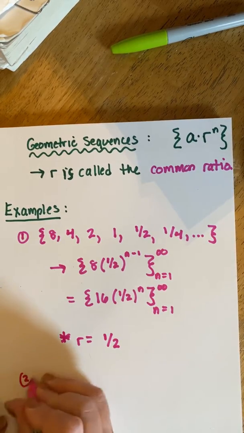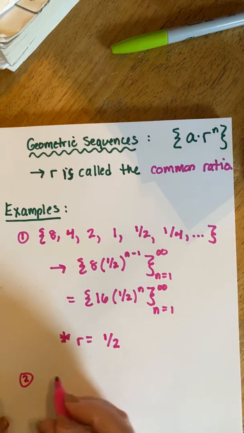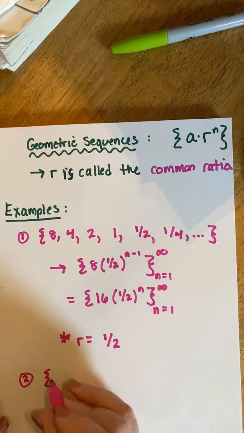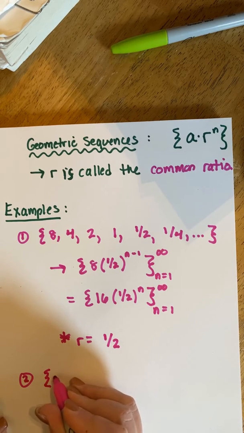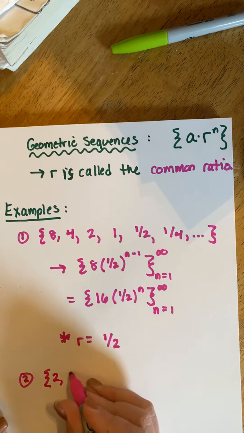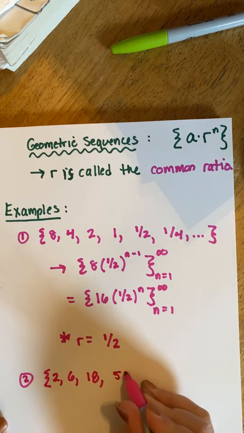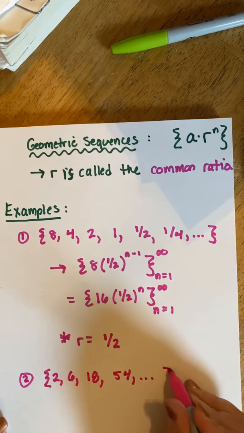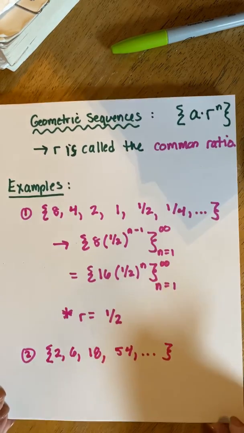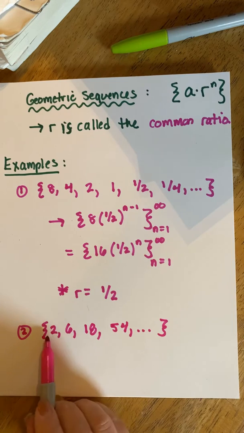We could have something like this. I could have, let's start with 2, and then I could have 6. I could have 18, 54. Right, so to determine if this is a geometric sequence, if you don't see it, you take 6 divided by 2.